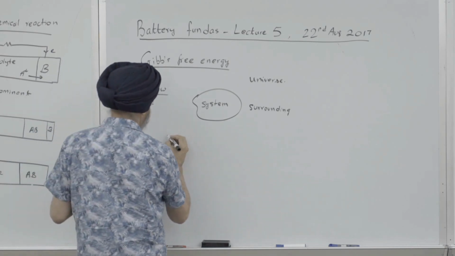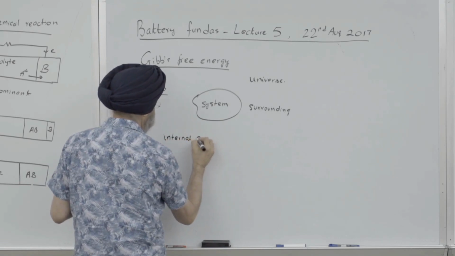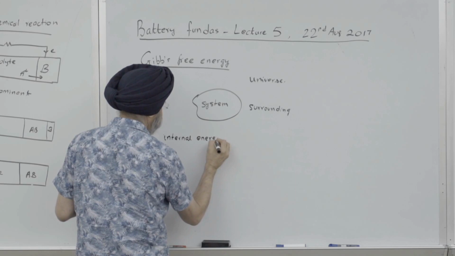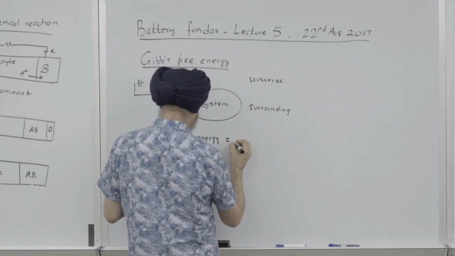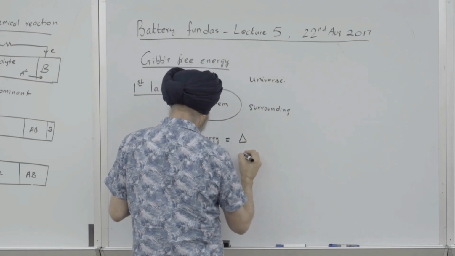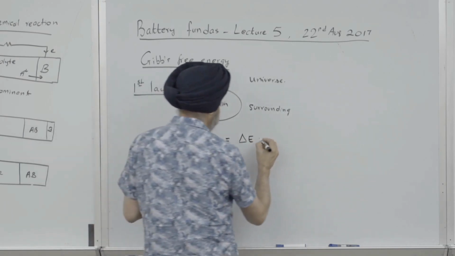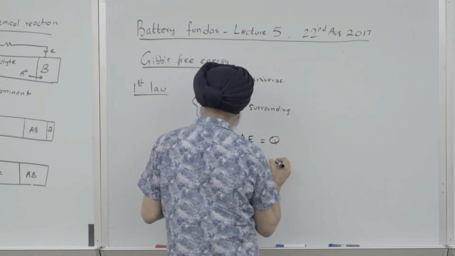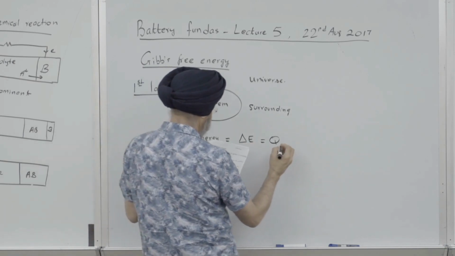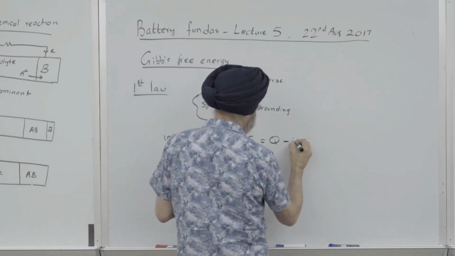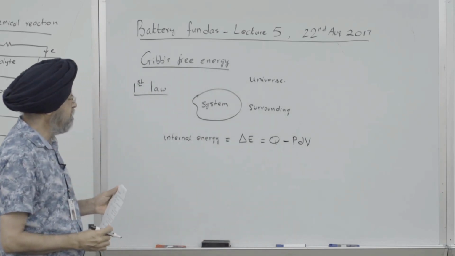The first law says that the change in internal energy, delta E, is equal to Q minus PdV. That's what they write down for the first law.